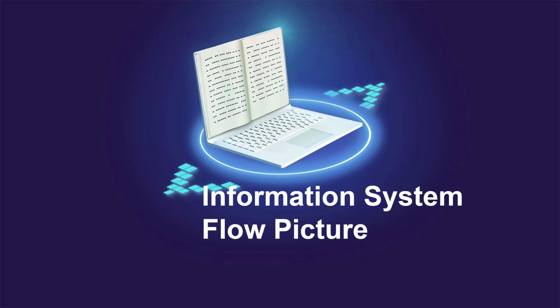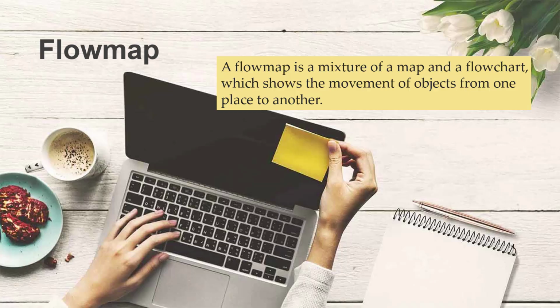Okay, the information system flow picture, we described it in a previous slide before. We get the flow map. The flow map is a mixture of a map and a flow chart which shows the movement of objects from one place to another.